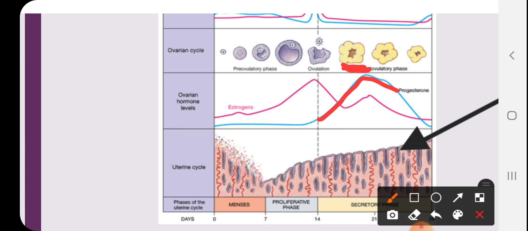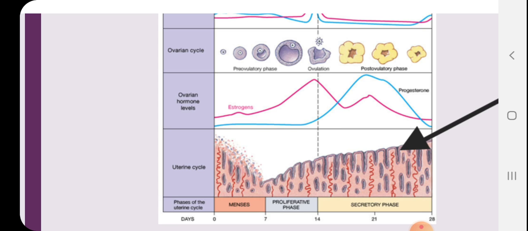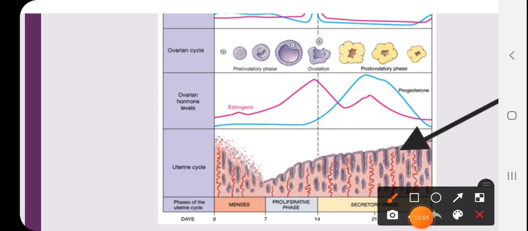A small amount of estrogen is also secreted. If the ovulated egg gets fertilized within 24 hours, then the corpus luteum maintains the pregnancy. But if there is no fertilization, then in 2 weeks the corpus luteum degenerates into a white scar, which is called the corpus albicans.